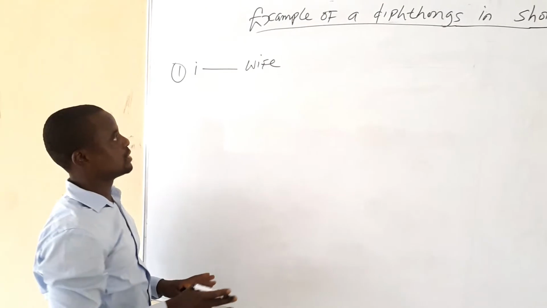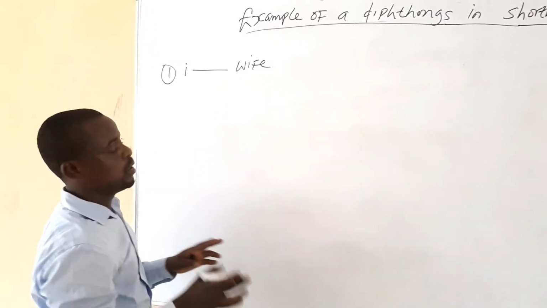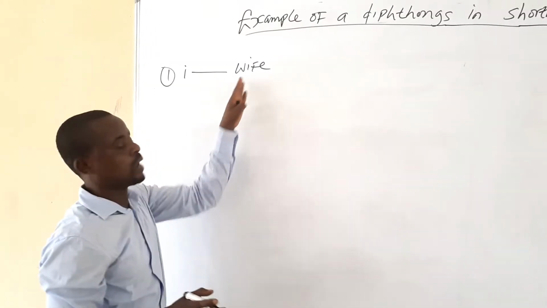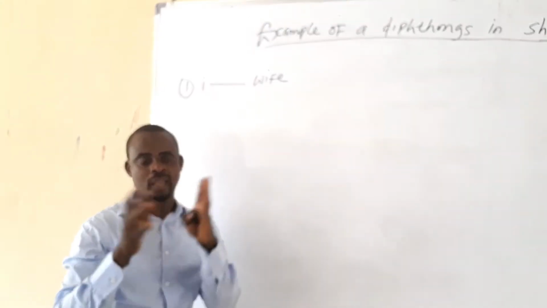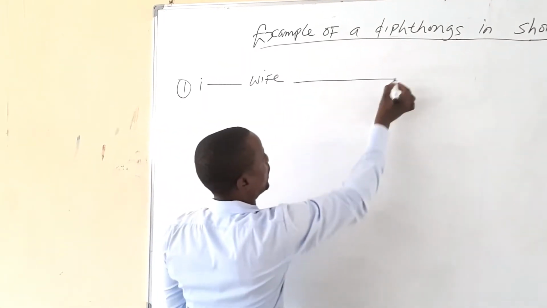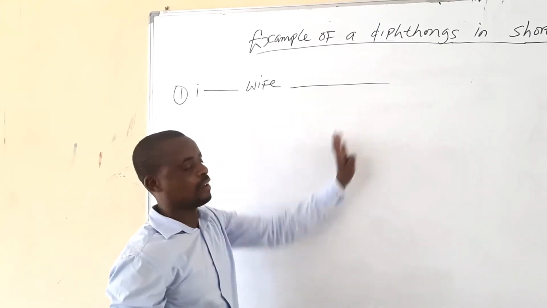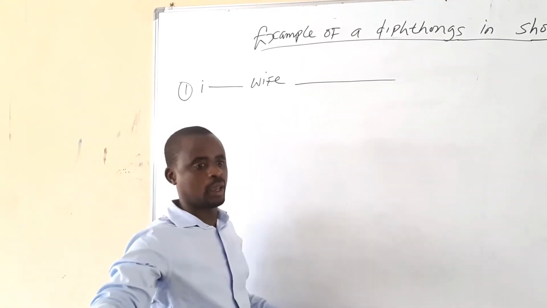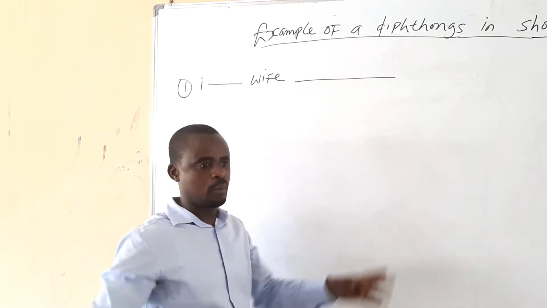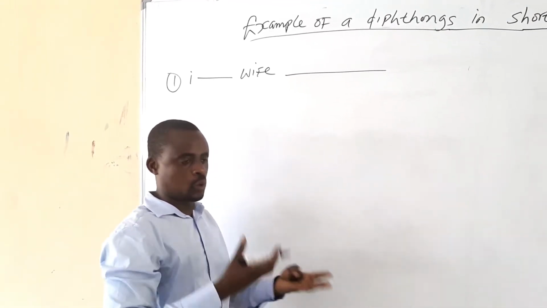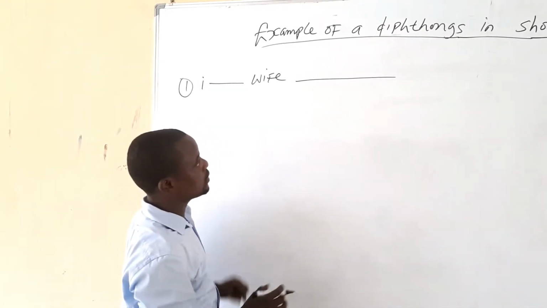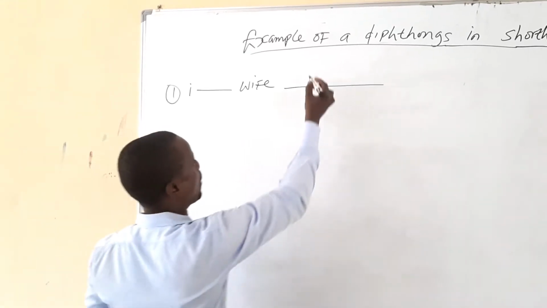Now this is diphthong I. Don't forget that when you have diphthong I, the outline should be above the line. Now you draw your line. As you know, you can't write a shorthand outline without drawing a line. Even if you are writing on plain paper, you have to draw a line. But if you are writing in a notebook which has lines on it, you don't have any problem.